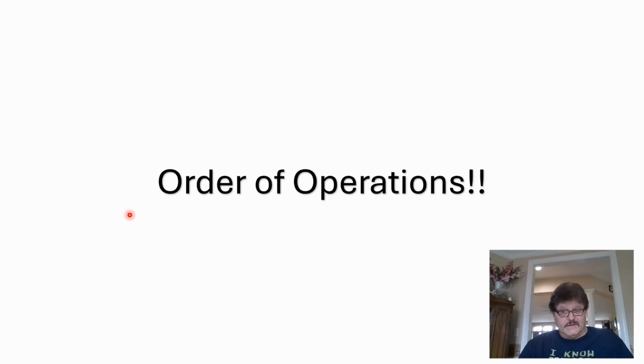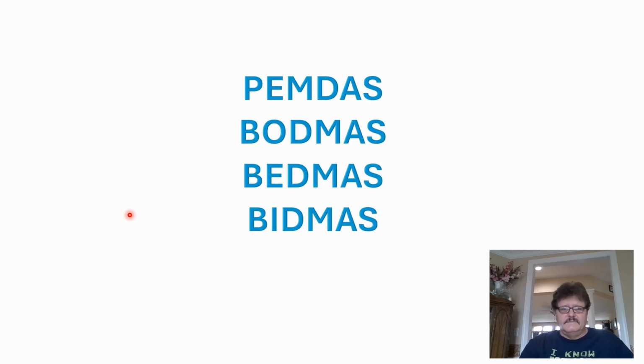The next thing to cover here is the order of operations. A lot of people have forgotten that too. A lot of people are trying to solve this left to right. I've seen all kinds of strange answers from 40 to 25 and 92 and so on. But remember, there are some acronyms out there for the order of operations: PEMDAS, BODMAS, BEDMAS, BIDMAS. They all really mean the same thing.